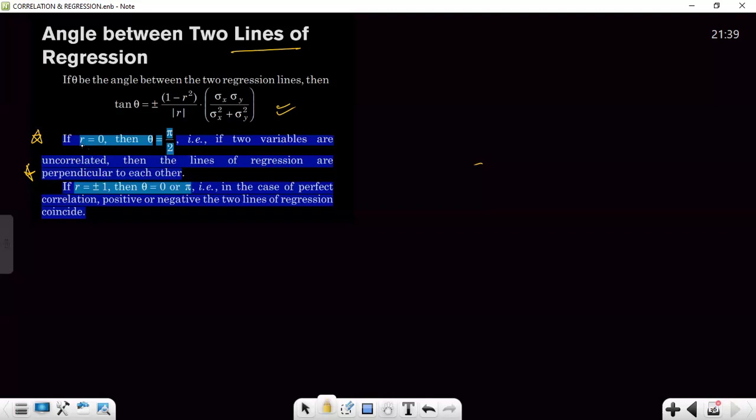Two regression lines will be at 90 degrees when they are not related. If R is equal to 0, meaning they are not related, then the lines will be at 90 degrees. If the lines are parallel, meaning theta is 0 or pi, then they have perfect correlation, either positive or negative.